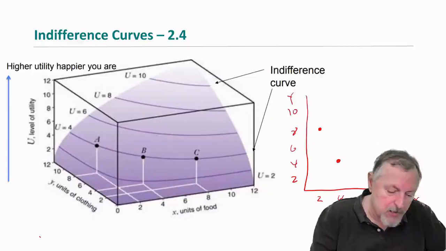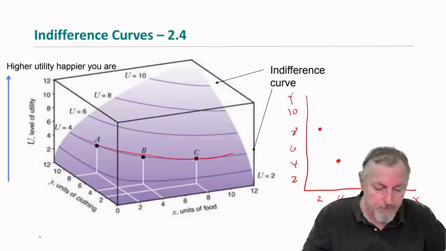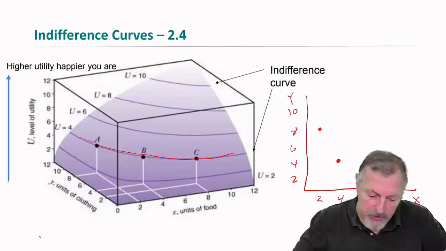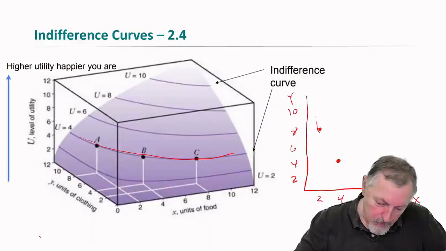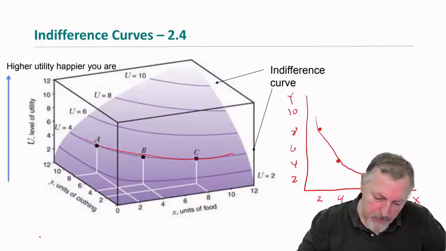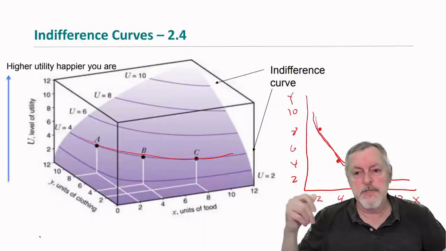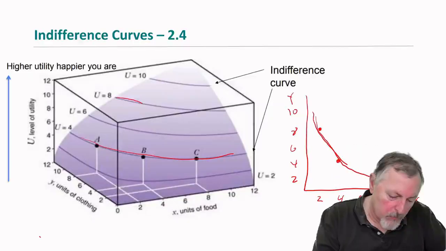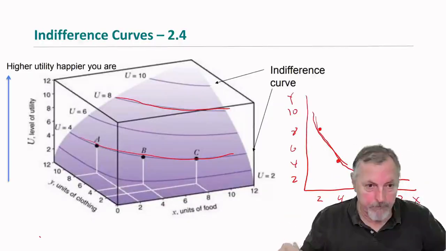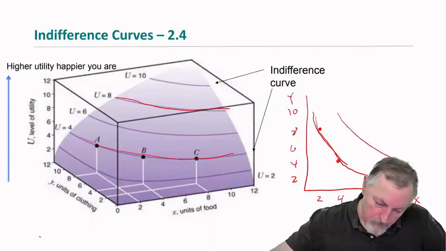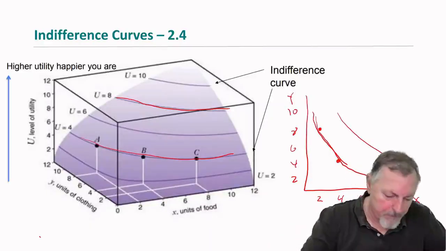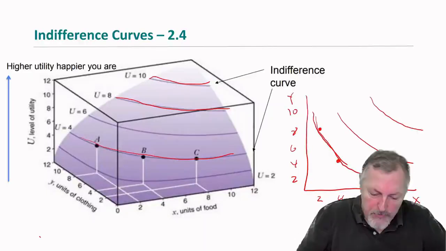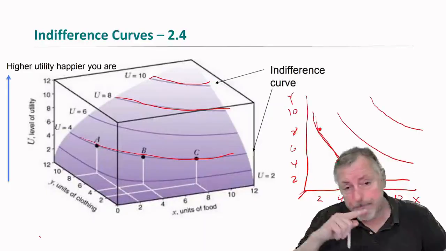Now, if you connect the points, like you see in the 3D object, looking straight down, you would see something like that. What about that one? It would be something like that. U10 would be a little farther away from the origin.